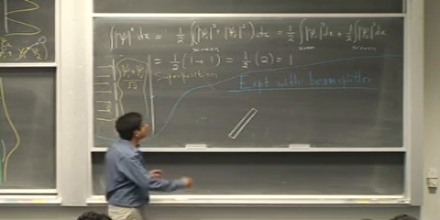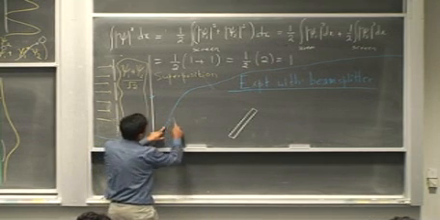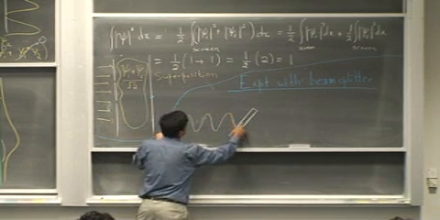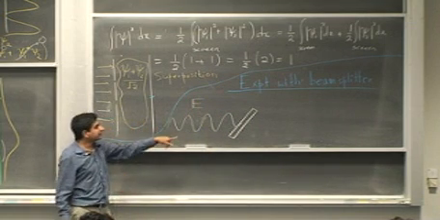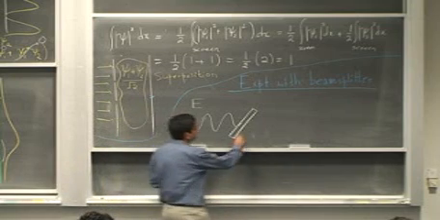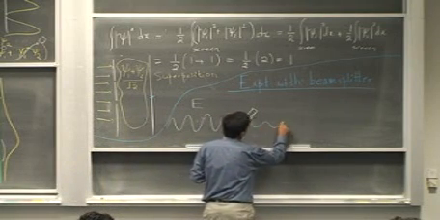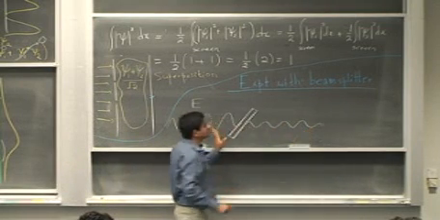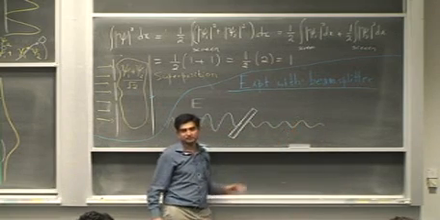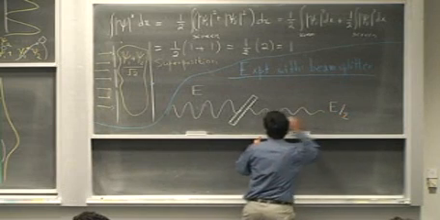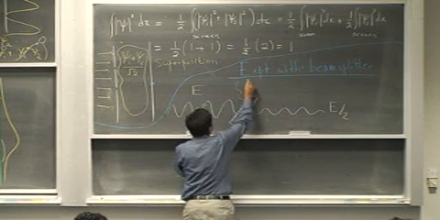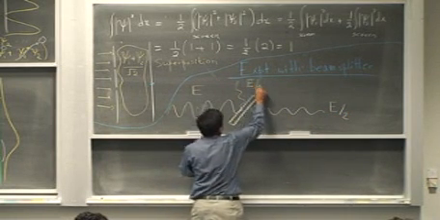Okay, for example, if you have a light wave coming in with a certain energy E, what this device is going to do is half of the energy is going to be transmitted and half of this energy is going to be reflected.